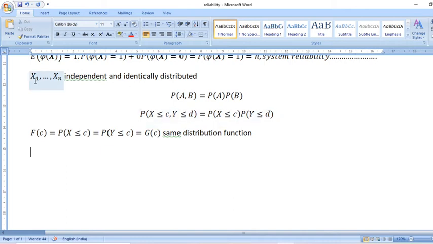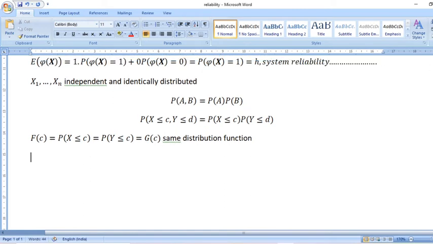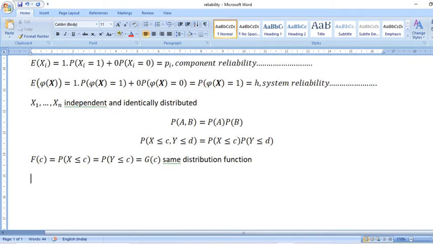So if these random variables x1 to xn satisfy this type of conditions, that is independent and identically distributed, then we can obtain the expectation or reliability.